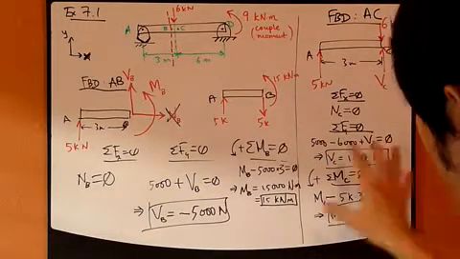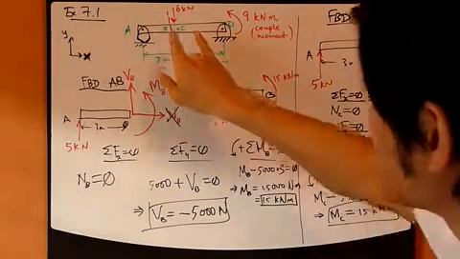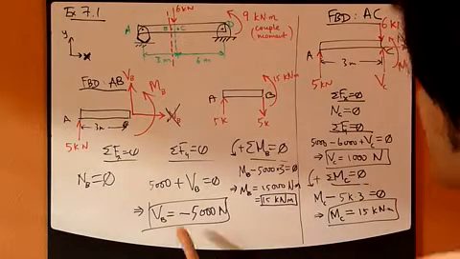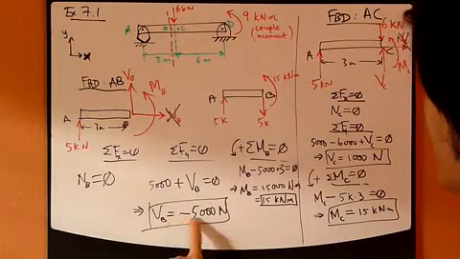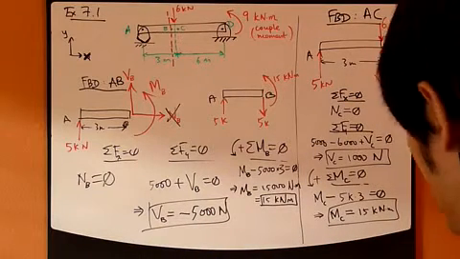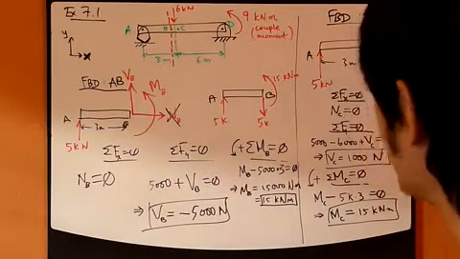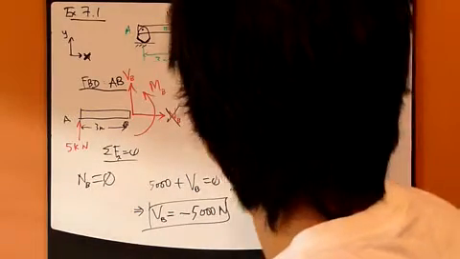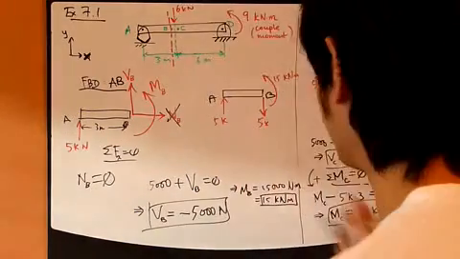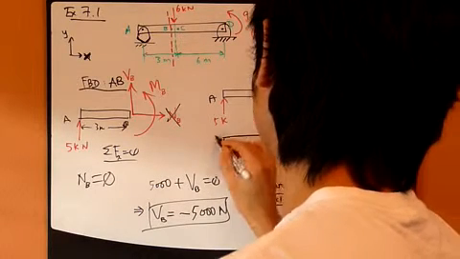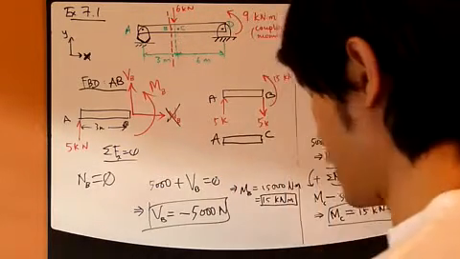Let's compare the two, B and C. Now B and C are really close to each other, but the shear force at B is 5,000 newtons going down. Whereas for AC, let's make some room. Let's draw AC, essentially the same length.